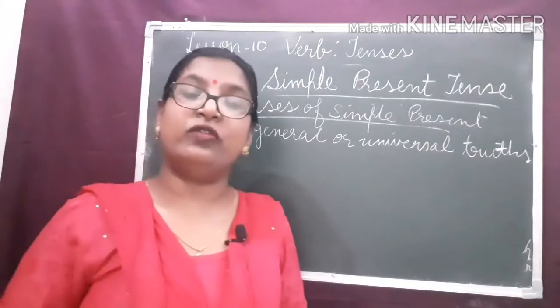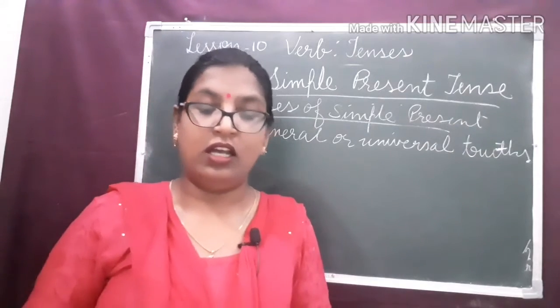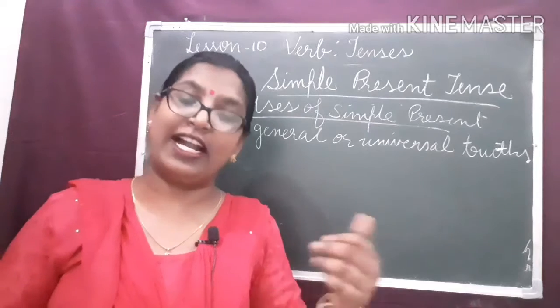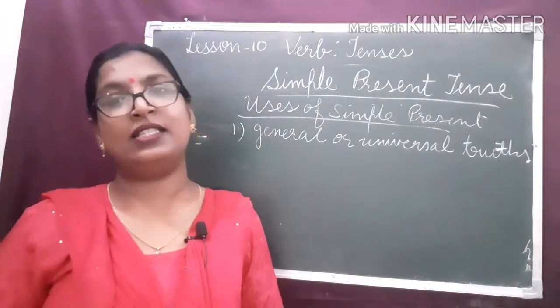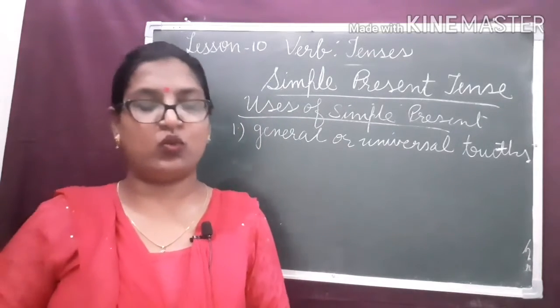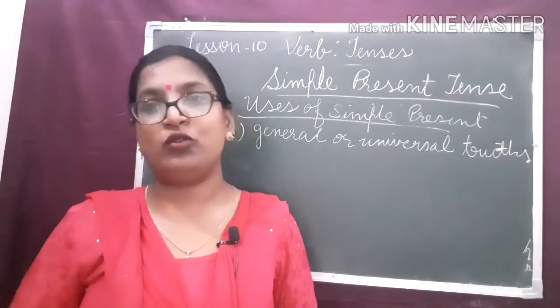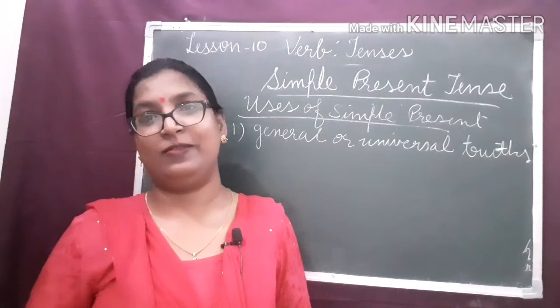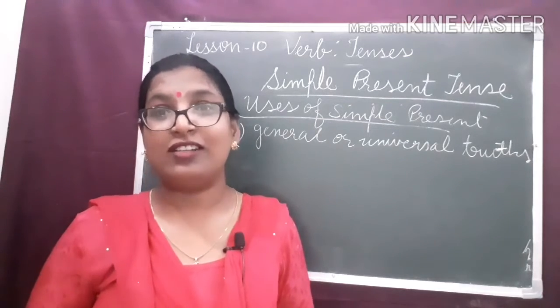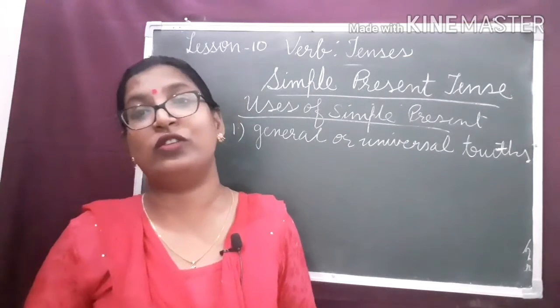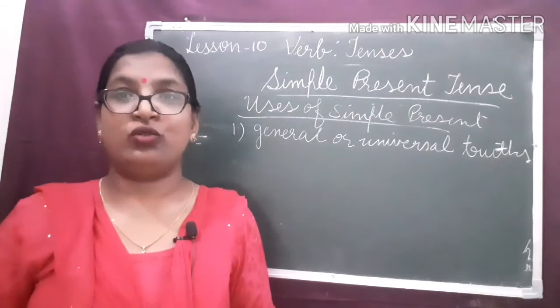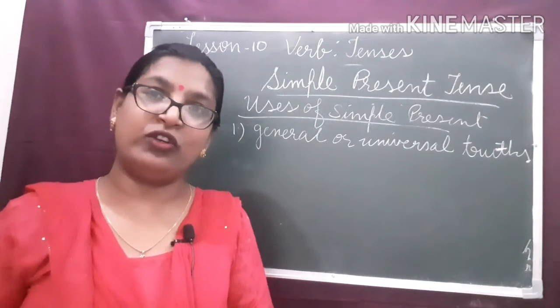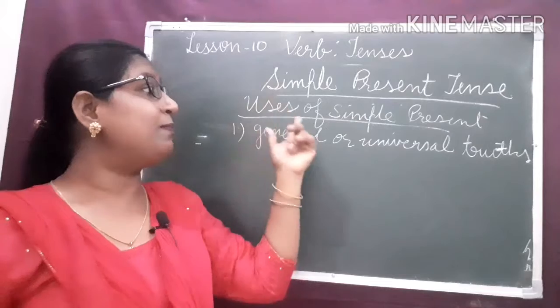General or universal truths means to talk about something that was true in the past, is true now and will be true in the future. The facts which are not going to be changed are called general or universal truths. To express general or universal truths, we use simple present tense.